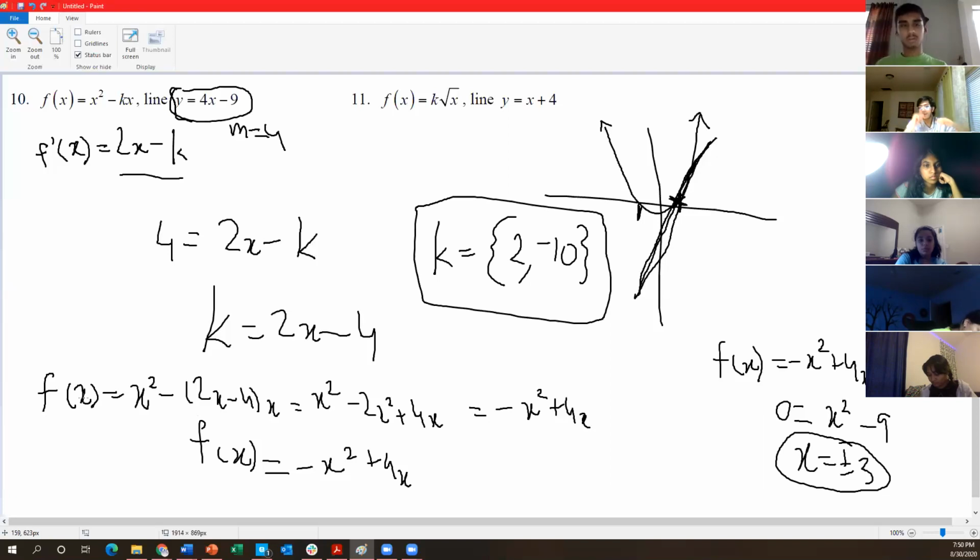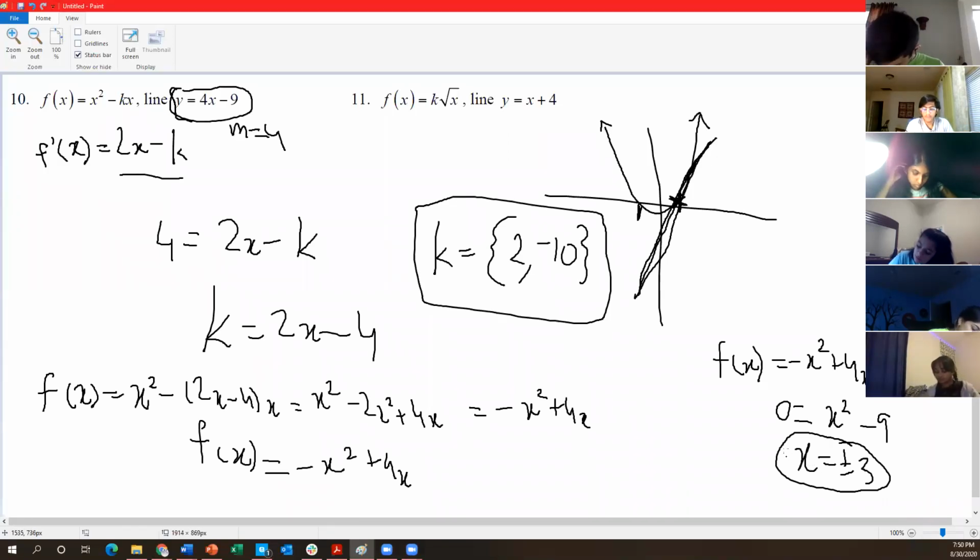By doing that, I'm able to obtain the points where the function equals the tangent line, because whenever we have a tangent line, the function has to equal the tangent line, right? This is actually a system of equations if you think about it. That's what we're doing here. And then by figuring out the x values at which the function itself is equal to the tangent line, we can plug those x values back into k, and we get the specific values.